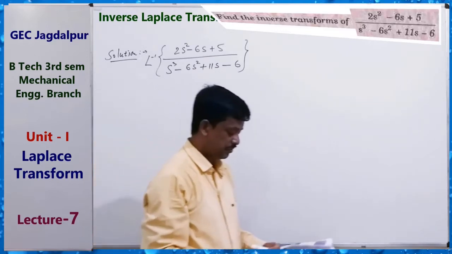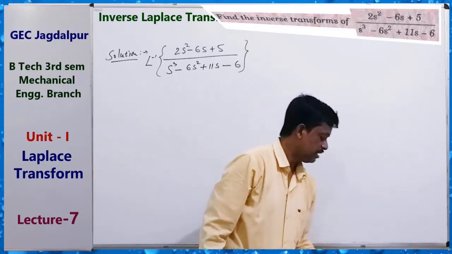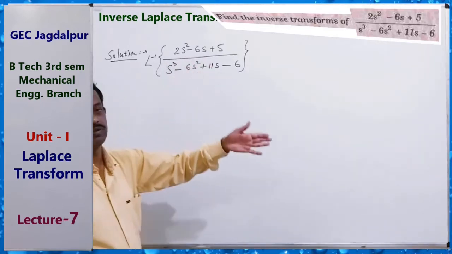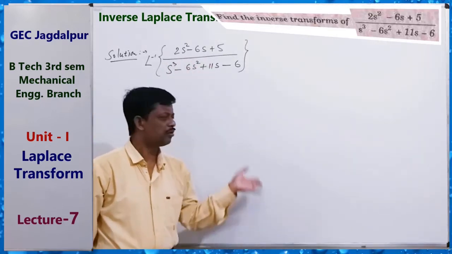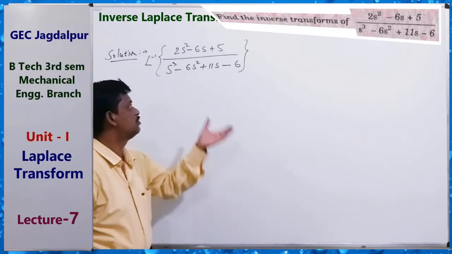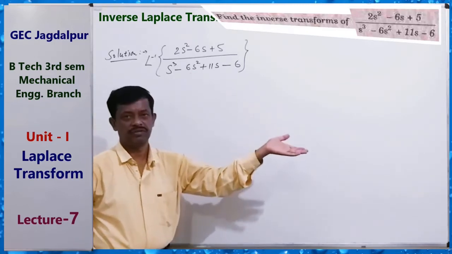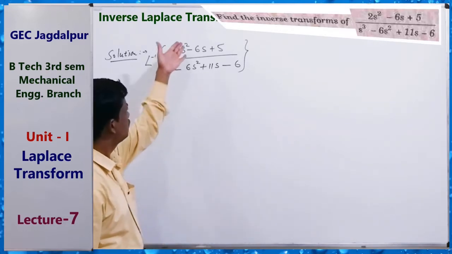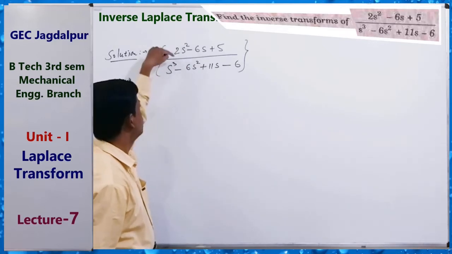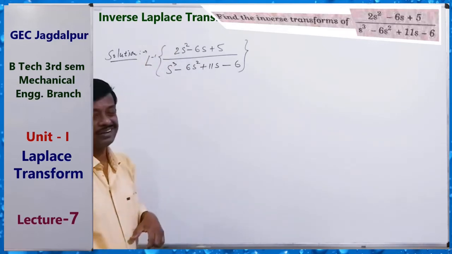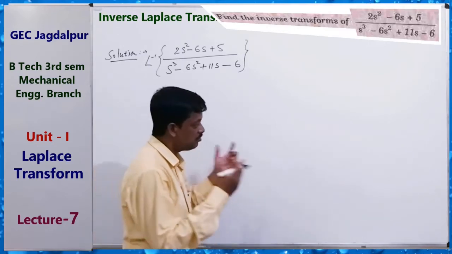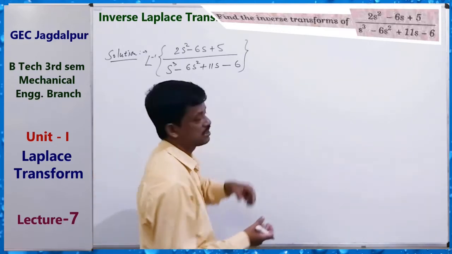For applying our standard formula for the inverse Laplace transform, first of all we have to express this in another form. Here we see that this is a rational function of s; the numerator is degree 2 and the denominator degree 3. So we can express it as a partial fraction, and then we can find the inverse Laplace transform.